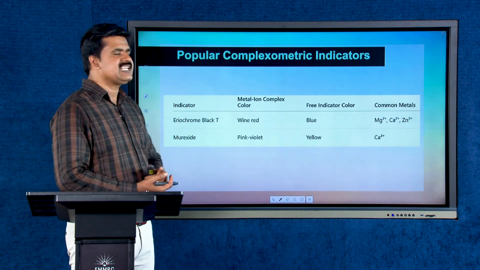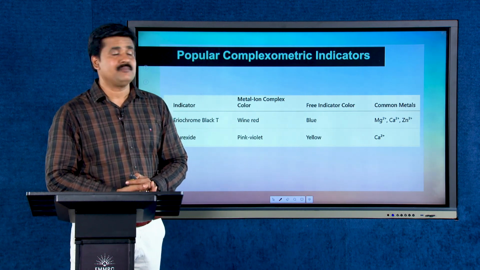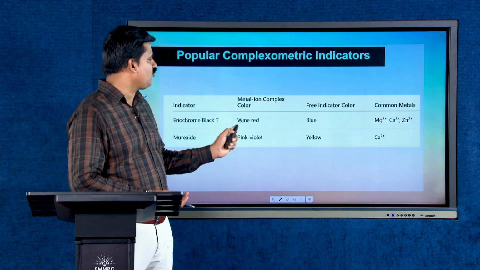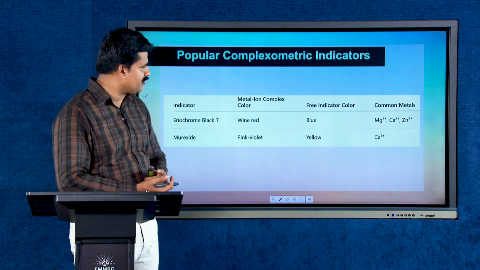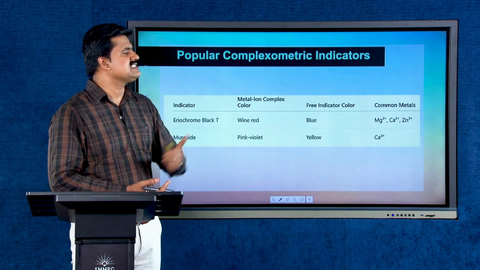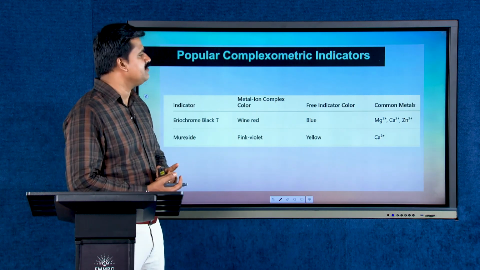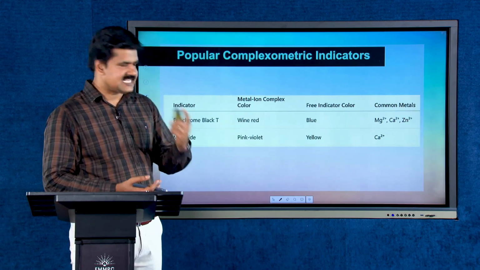The first indicator is eriochrome black T. It is otherwise called solochrome black T. It is wine red in color during the formation of the metal ion complex. The free indicator is blue in color. This is useful in estimating the metal ions magnesium 2 plus, calcium 2 plus, zinc 2 plus, etc.